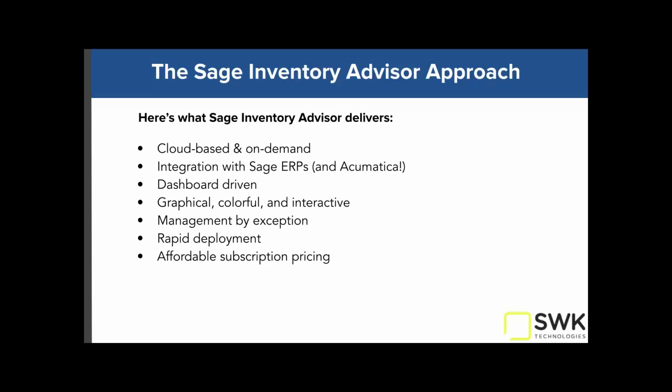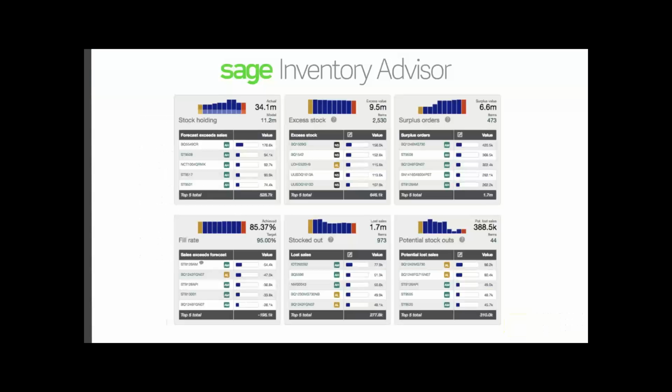Help bubble up for me which items are most important for me to pay attention to today, right now. I've got an hour to solve a problem. Show me which problem I should solve. And help me focus my energy and attention and give me direction and recommendation on what I can do to solve that. And then have that be, because of the cloud model, very rapidly deployed, all done remotely and done affordably through a subscription sort of model.